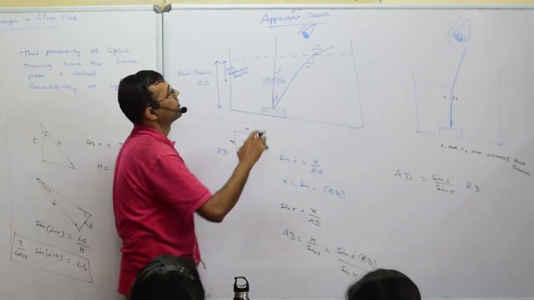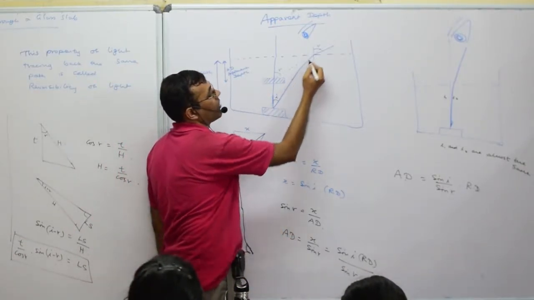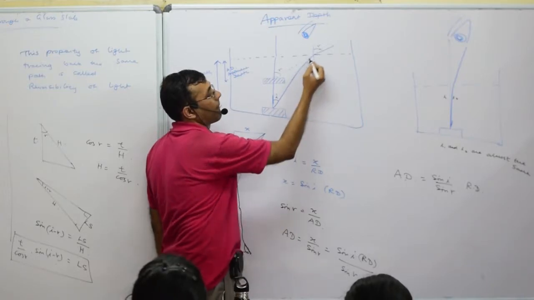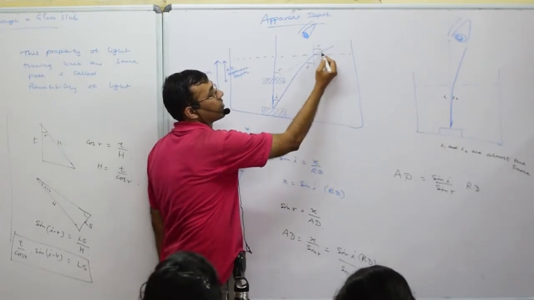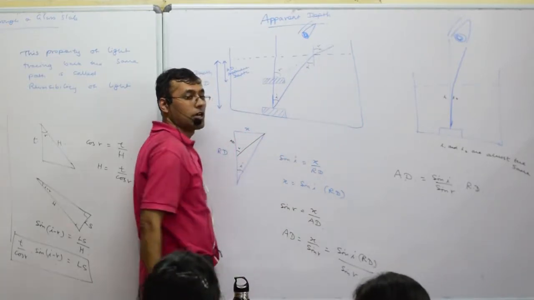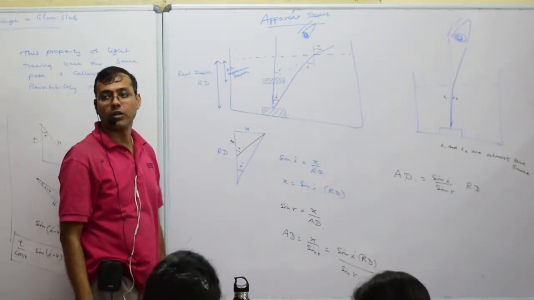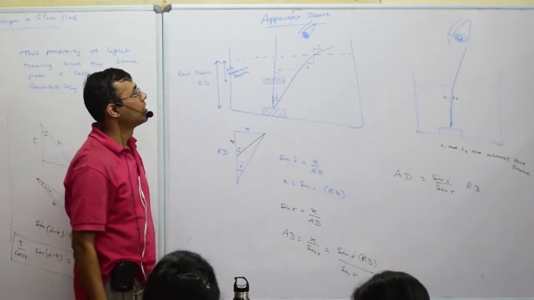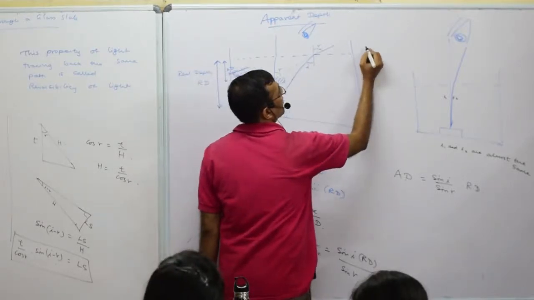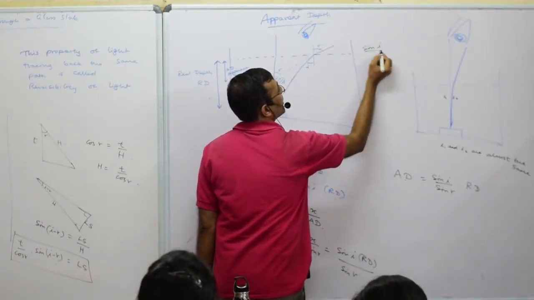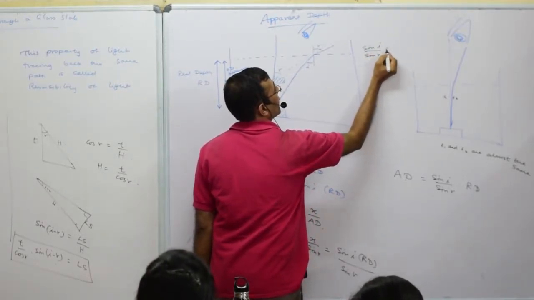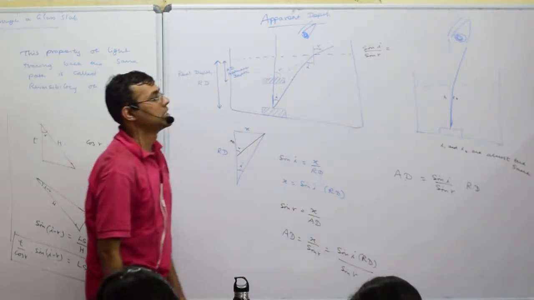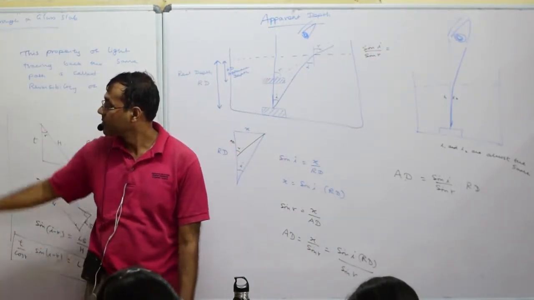But please listen here. This is angle of incidence or refraction? Incidence. This is refraction. So where is the refraction happening? Air or water? Air, right? So that means sin I by sin R is equal to, is it NGA or NAG?